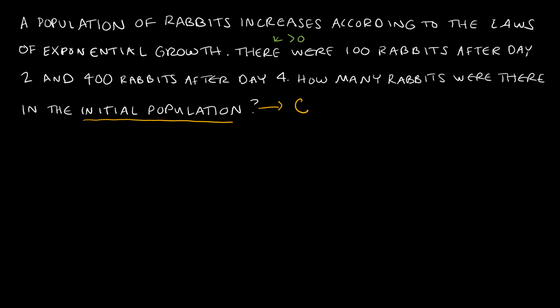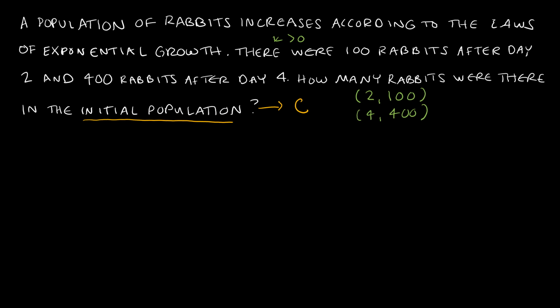In this case, k should be a positive value. And again, let's look at some of our initial conditions. There were 100 rabbits after day 2, which tells me that I've got (2, 100). And there were 400 rabbits after day 4, so (4, 400). So that's all I need to know. Now I can get started.